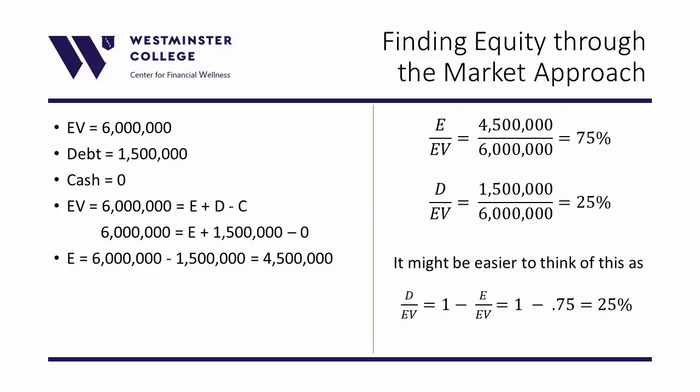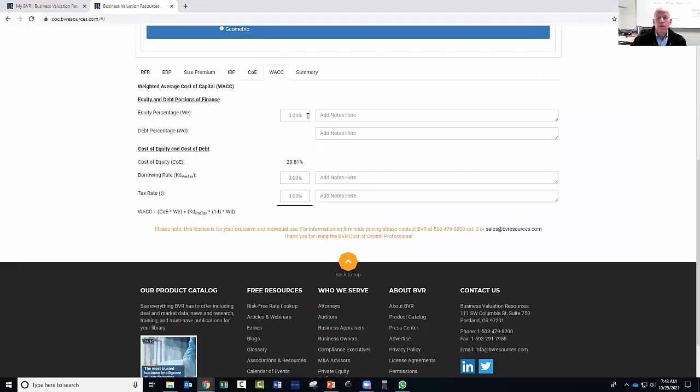So we can take the debt divided by the overall value, or D divided by V, 1.5 divided by 6, and we get 25%. Well, if 25% is the weight of the debt, then we must have 75% as the weight of the equity. So I'm going to put in 75%. And notice that immediately it gives me 25% as the weight of the debt.